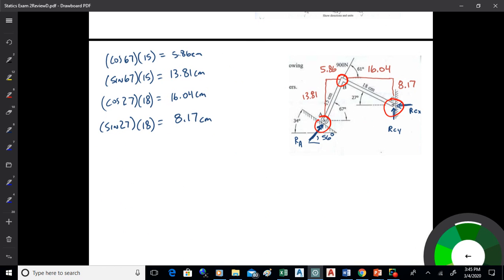We good with that? So I get everything trigged out there, and then I'm set up to go. Notice I've got dimensions now from where I'm going to take moments about, which is C, up to B where that one force is applied, and I can also get them quickly to A where the other force is applied. So now I can go ahead and do a moment equation.